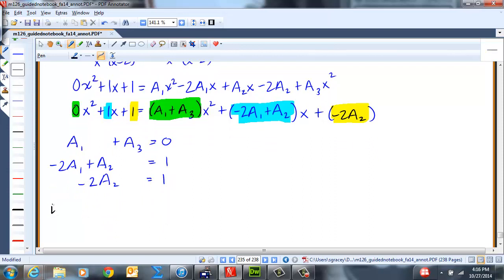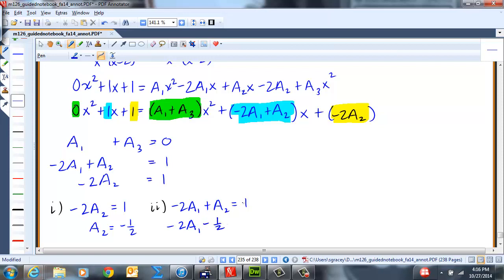So if you first take the bottom equation, negative 2 times a2 equals 1, and isolate a2, you get a2 is negative 1/2. And then we can backtrack and use our middle equation, negative 2 times a1 plus a2 is equal to 1, and substitute in the minus 1/2 for the a2.